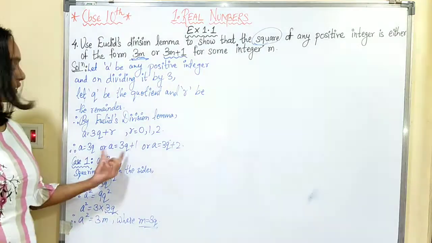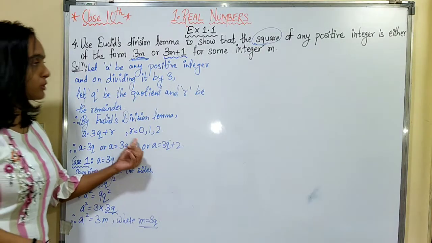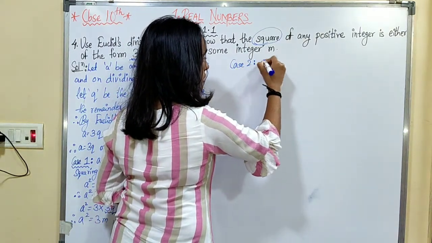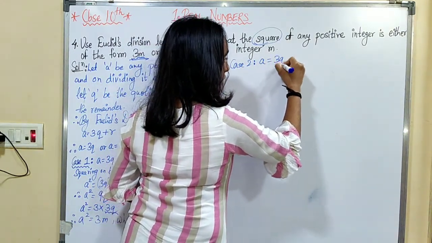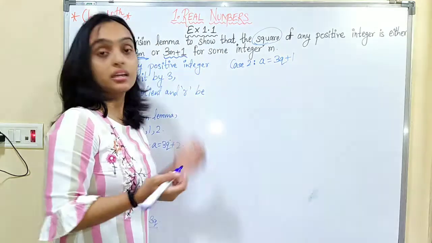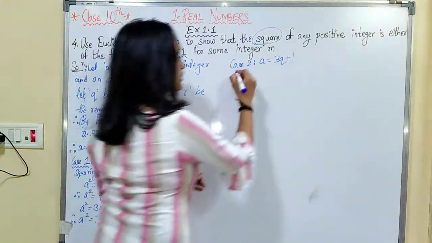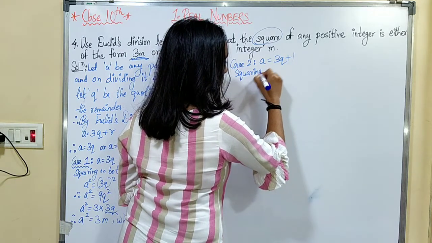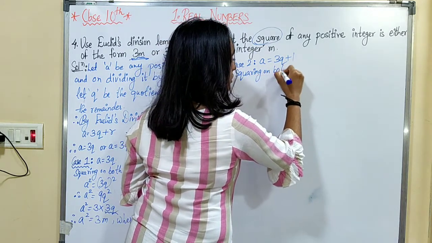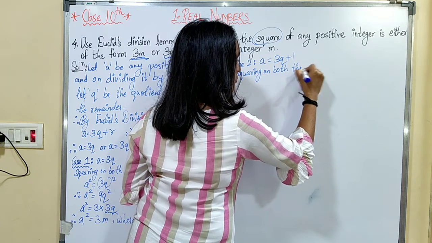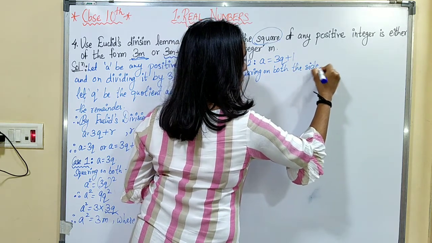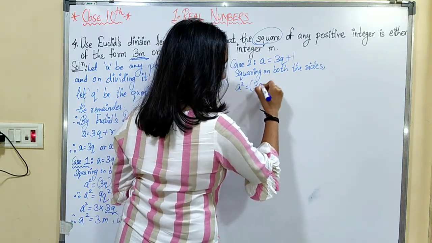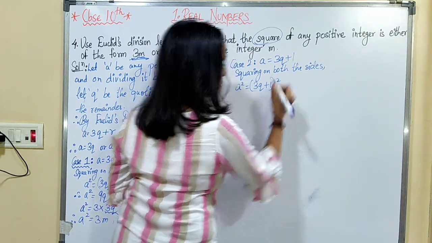Now we will solve for case 2, that is a equals 3q plus 1. So case 2, where a equals 3q plus 1. Here again we will square on both the sides. So squaring on both the sides gives you a square equals 3q plus 1 the whole square.